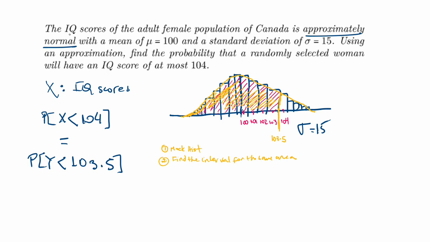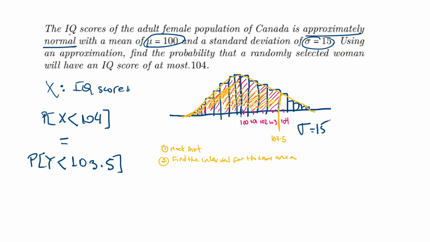Now, can we look this up on the table? No, this is not a standard normal. This normal that fits this completely has a mean of 100 and a deviation of 15, exactly as the histogram, because it fits the histogram. Yeah. So I'm just wondering if there's a way we can find the interval without making a long histogram. You can reason, but I would highly suggest that you draw the mock histogram so that you don't get it wrong.